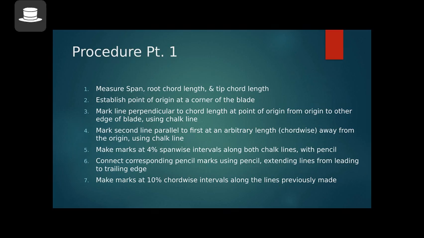On these chalk lines, we made marks at 4% spanwise intervals with pencil. We then connected these marks, extending them from the leading edge to the trailing edge, also with pencil. On these vertical lines, we made marks at 10% chordwise intervals.